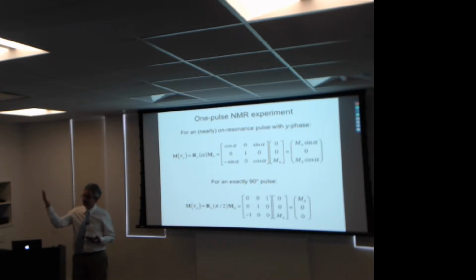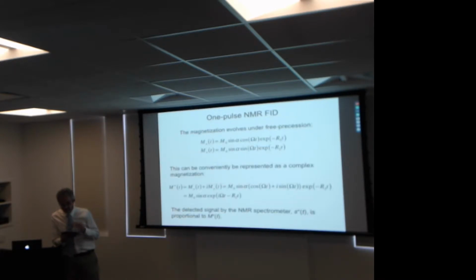If my thumb is the pulse on y, my finger's on z, the rotation, a right-handed rotation, brings magnetization to the plus x axis. And the mathematics say I end up with a plus x vector, whose amplitude is M naught. And then the magnetization starts to precess.